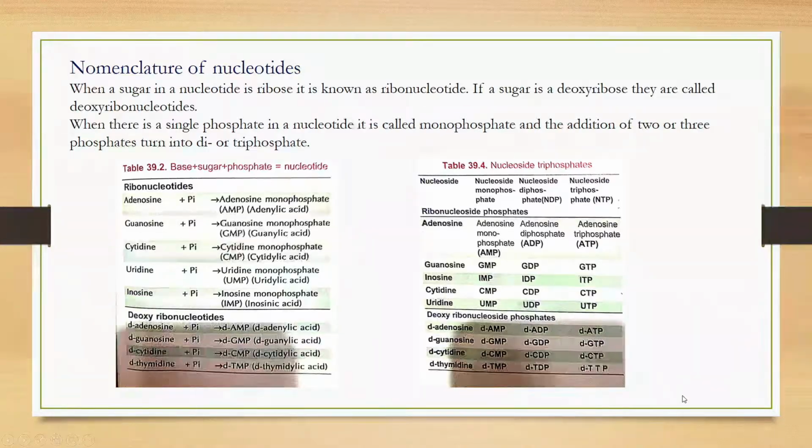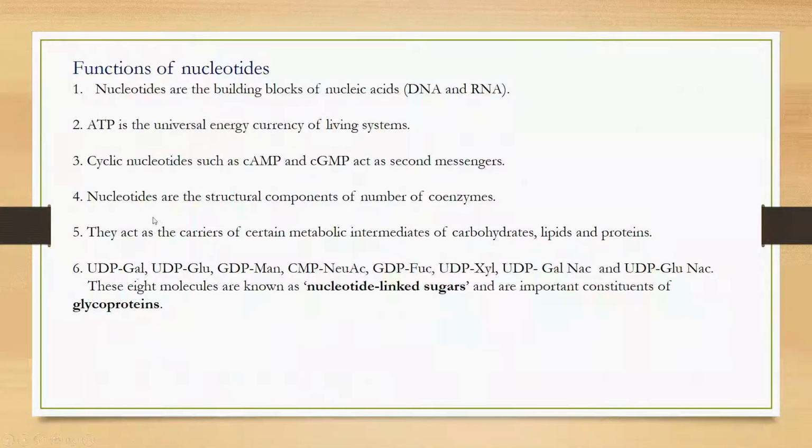Okay. And you can see that the esterification occurs at the 5th or the 3rd hydroxyl group of the pentose sugar. Most of the nucleoside phosphates involved in biological function are 5 prime phosphates.